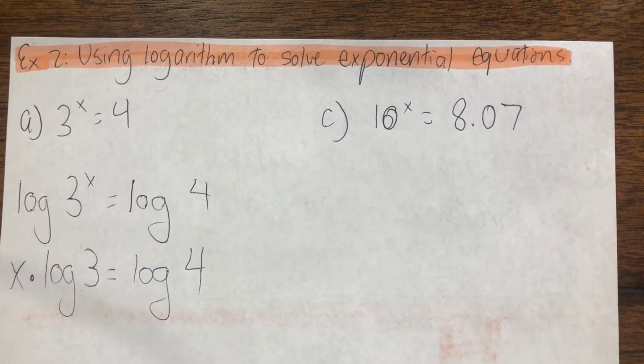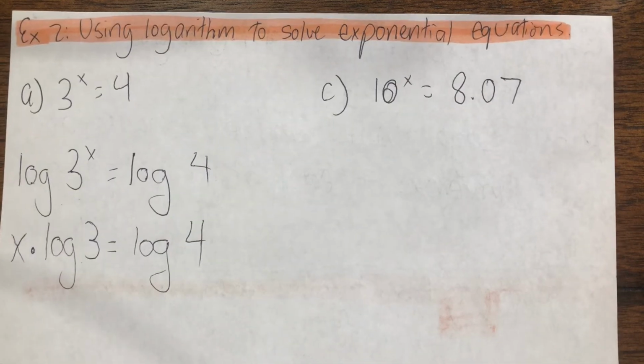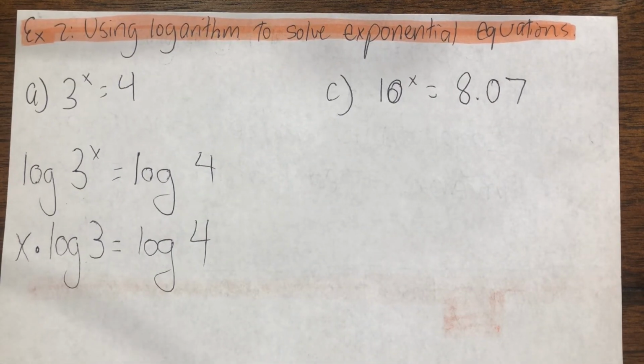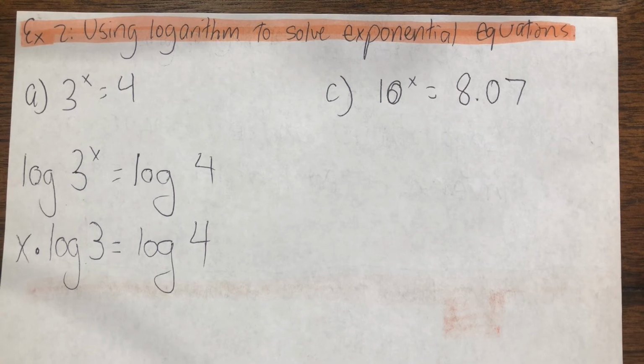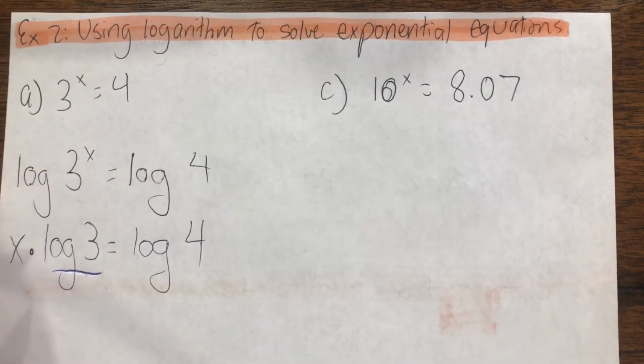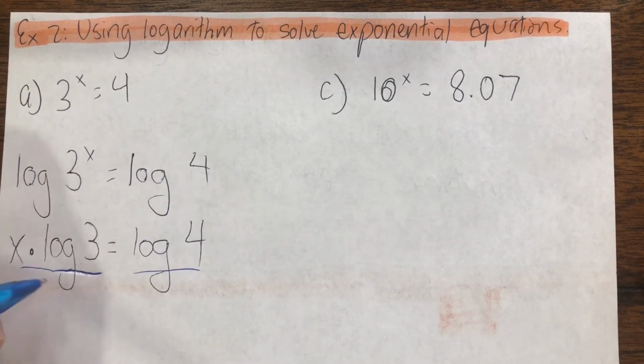So now I have x being multiplied by log 3. All right? So now I just need to get x by itself by doing the opposite of multiplication, which is what? If you guys said division, then you're absolutely right. So I'm going to divide both sides by log 3.